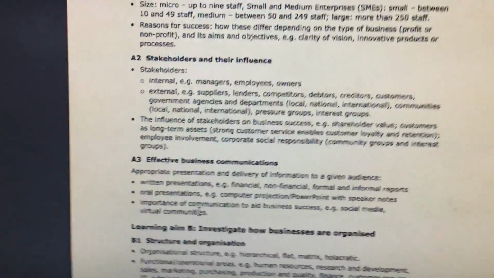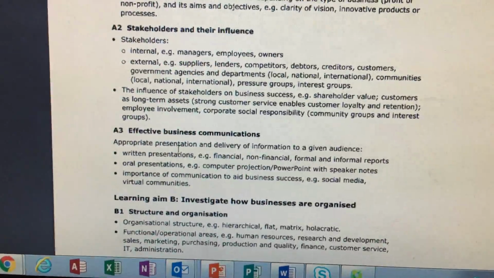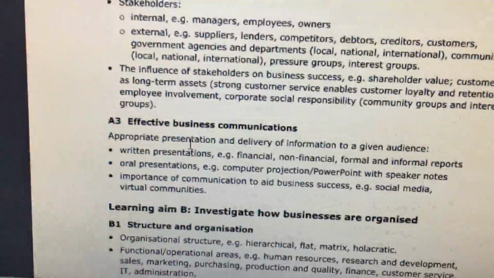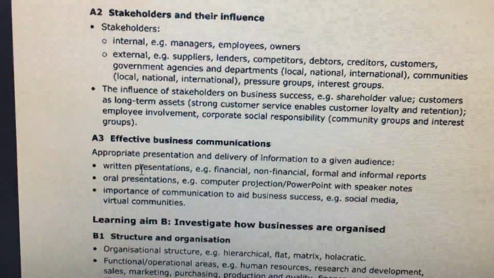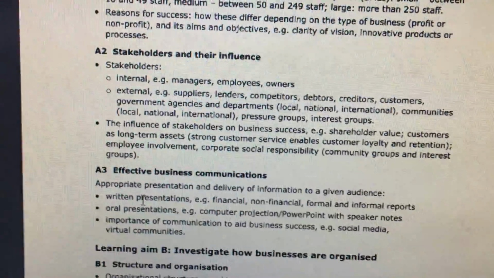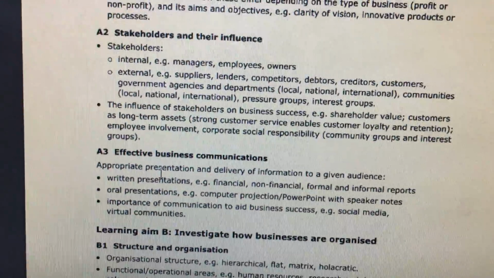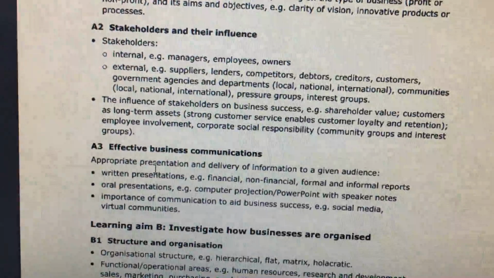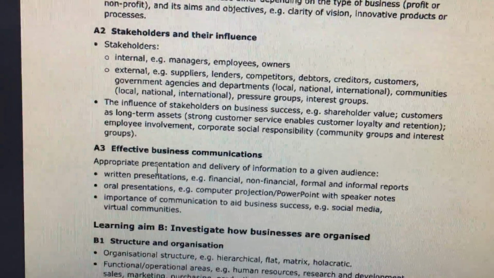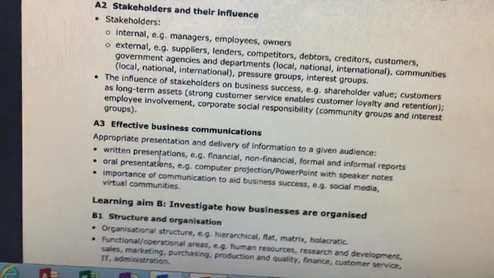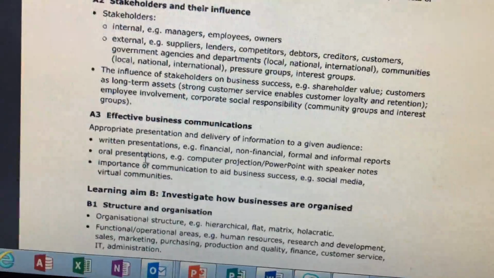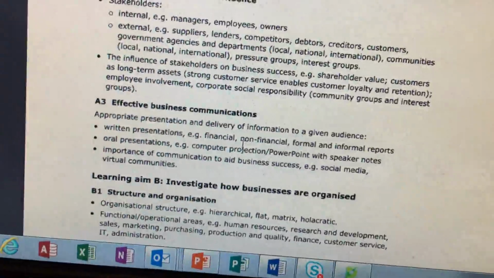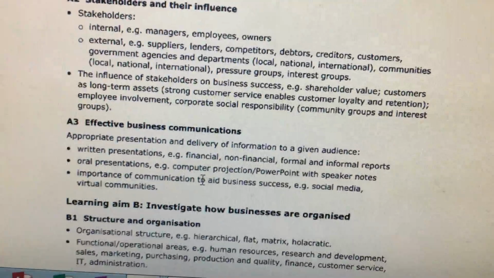You have to think of some examples of the different types of communication. You know as a student how many communications you get from college and whether they are any good or not. So we have face-to-face meetings with you when we are interviewing you for your college course. Then you might get a letter, you might get text messages, you have one-to-one meetings with teachers, and you have presentations from your teachers.